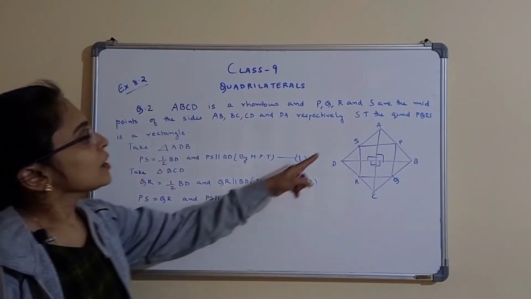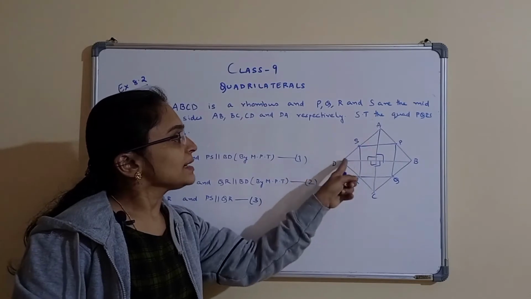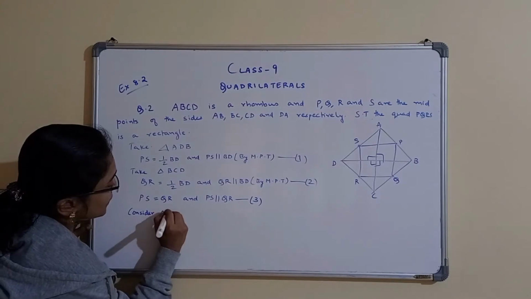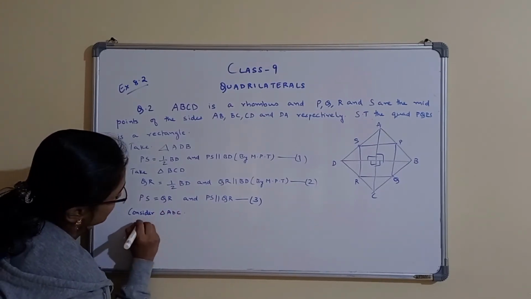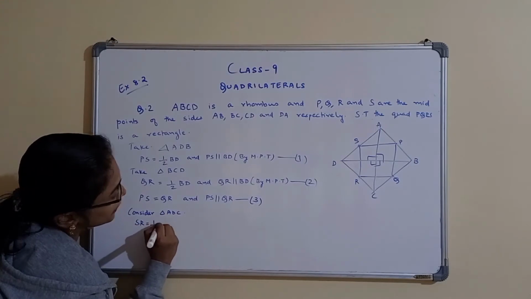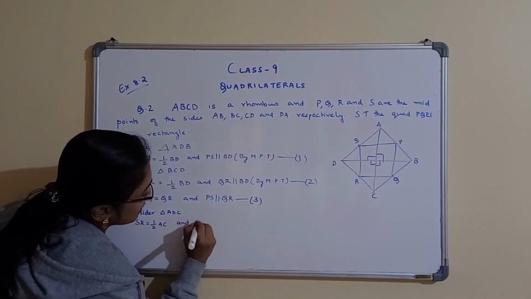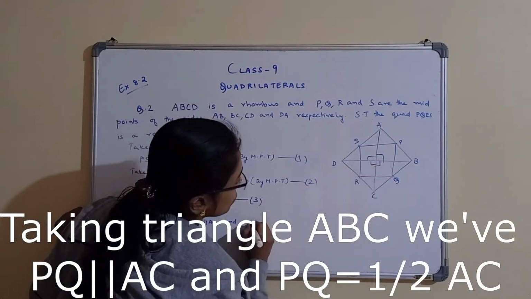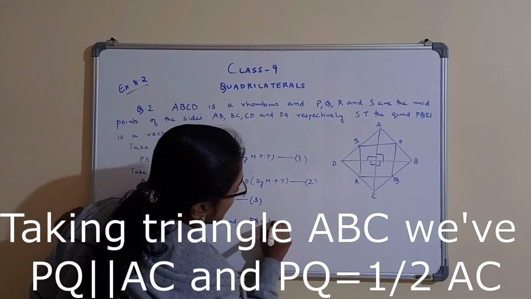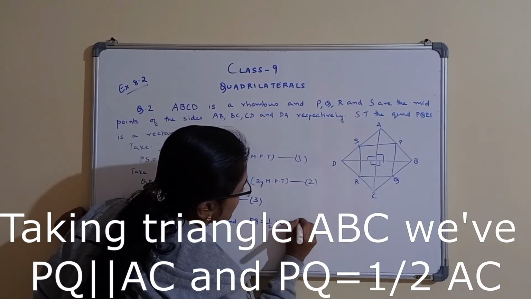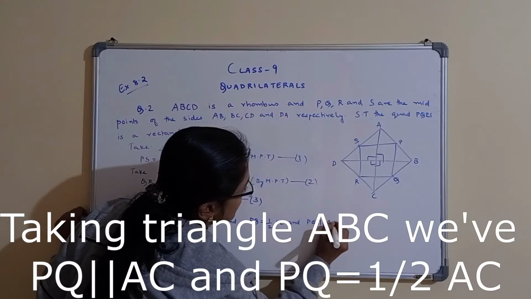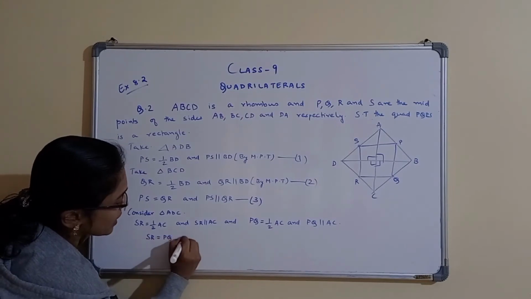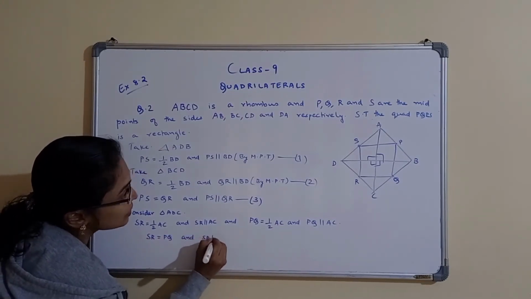Okay, now consider triangle ADC. So we'll get SR is equal to half of AC and SR parallel to AC, and PQ is equal to half of AC and PQ is parallel to AC, which means SR is equal to PQ and SR is parallel to PQ.